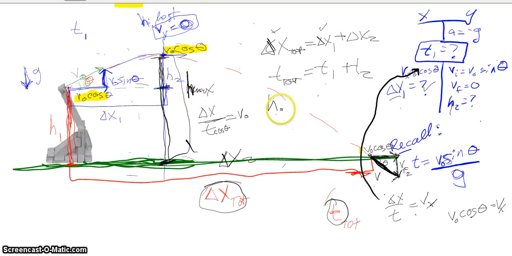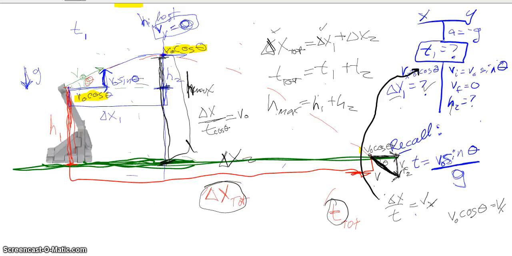So your H max equals height 1 plus height 2. So if you've already measured height 1, and you're able to solve for height 2, which you should be able to, that should be pretty easy. And these will be things that you can put numbers in.